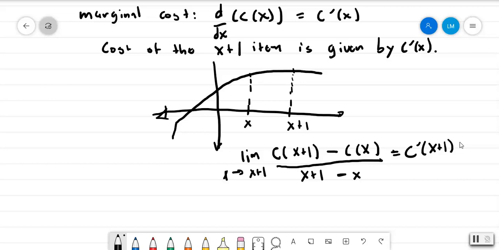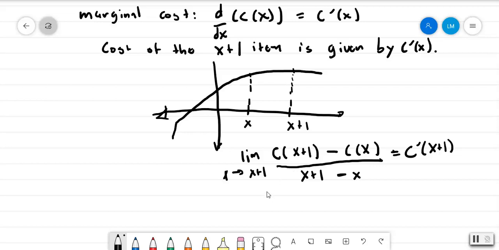In this case, we would probably have to look at it a little backwards, where you're looking at C prime of x, but it's supposed to give you essentially the same thing. So this is kind of just notation.